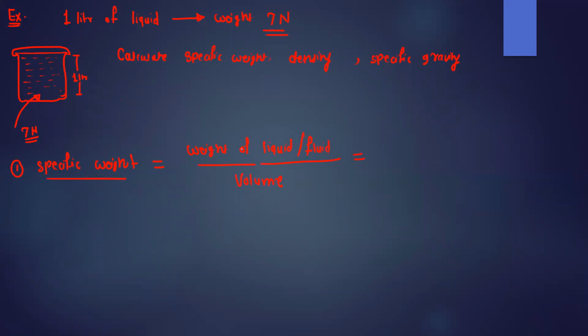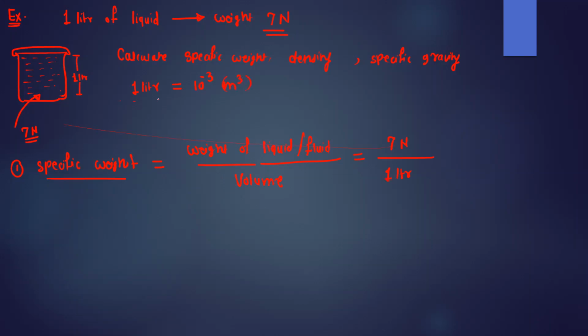So now, what is the weight of this given liquid? Total weight is 7 Newton. And the volume is given as 1 liter. So now we need to convert this liter into SI unit. The conversion is 1 liter is equal to 10 to the power minus 3 meter cube.